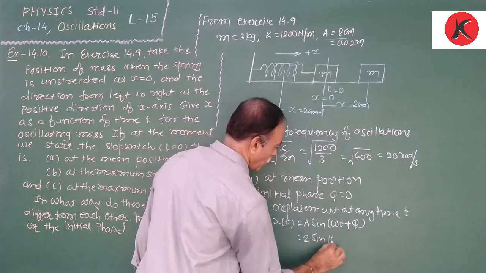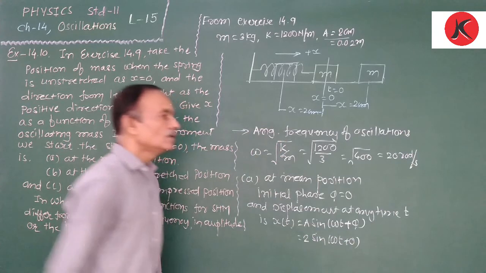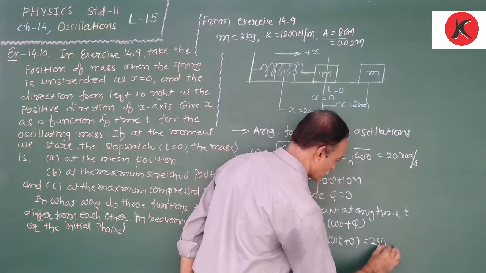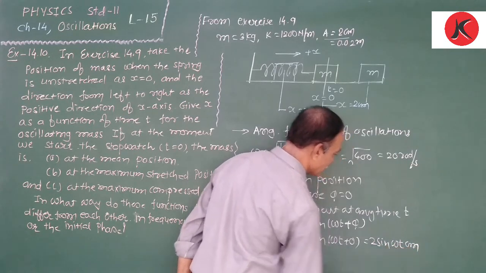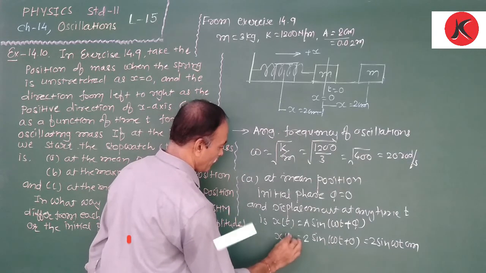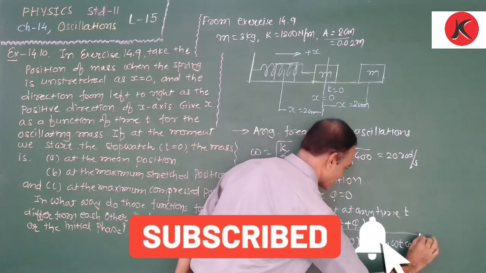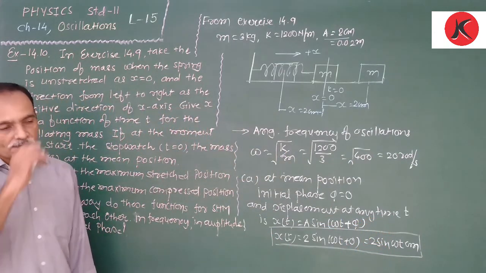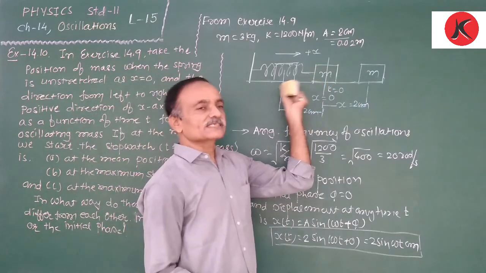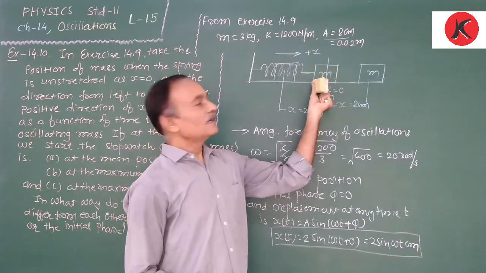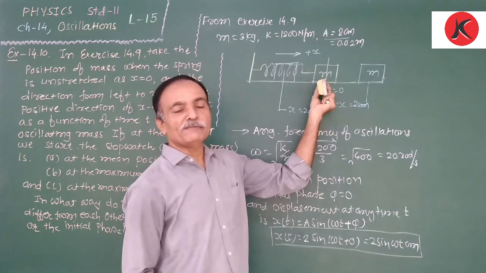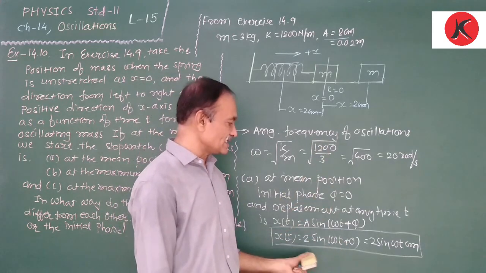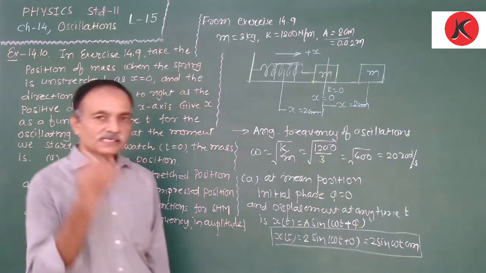Sine of omega t plus 0. Therefore 2 sine omega t, that is in centimeter. So that is the equation of simple harmonic motion at mean position at any instant of time t. When this block oscillates about its mean position, the equation of simple harmonic motion at any time t is represented by this equation: 2 sine omega t centimeter.